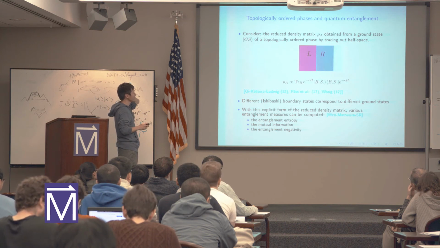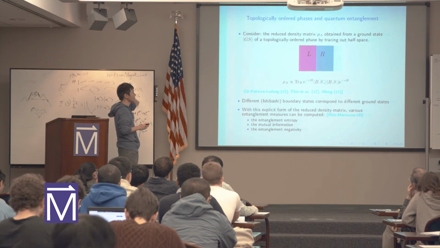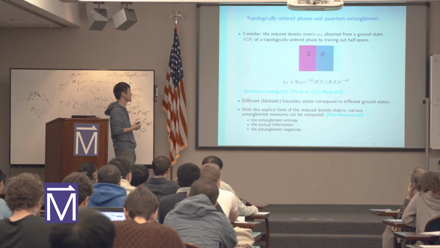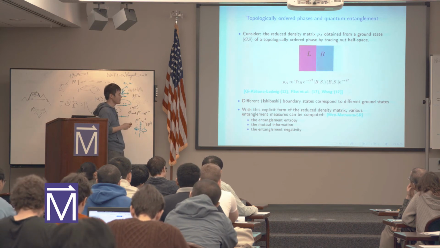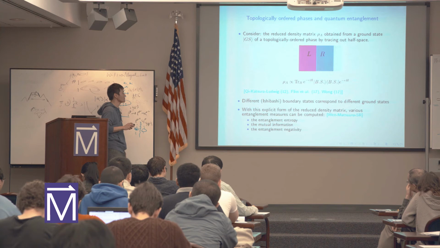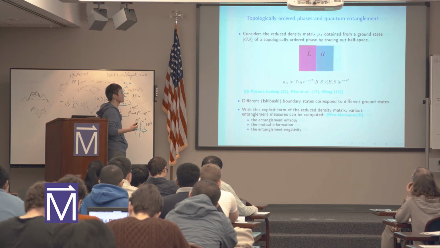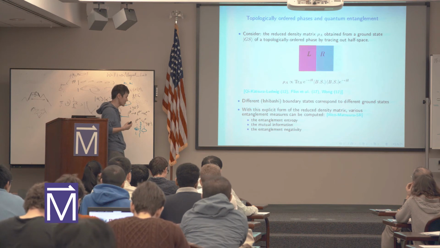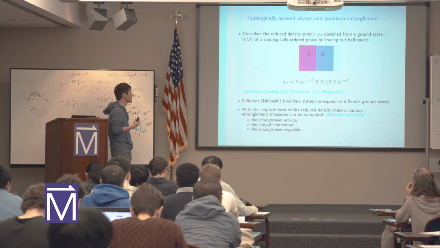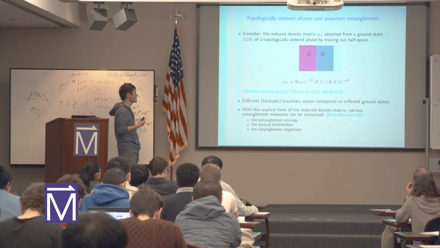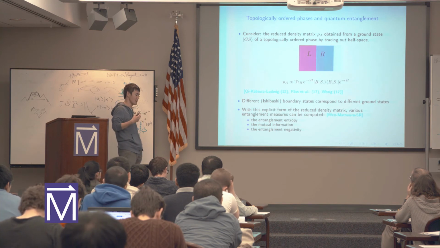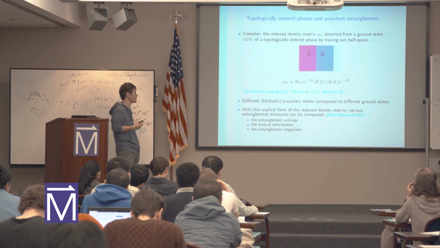So the question is, how do we compute this? This can be done numerically, for example. But here I want to present a field theory way of computing this quantity. So it can be computed from the field theory point of view in the following way.